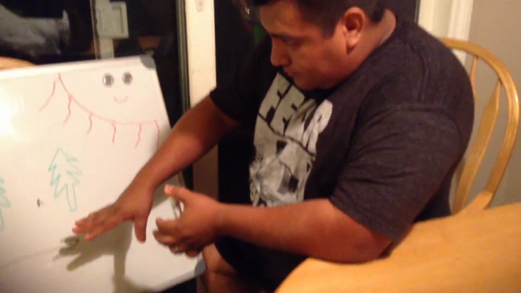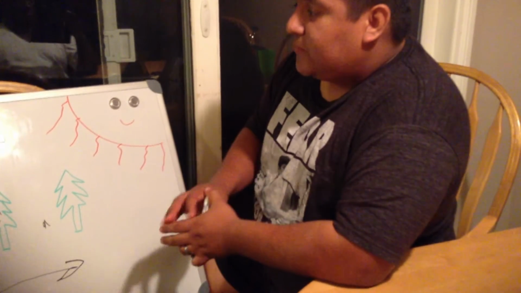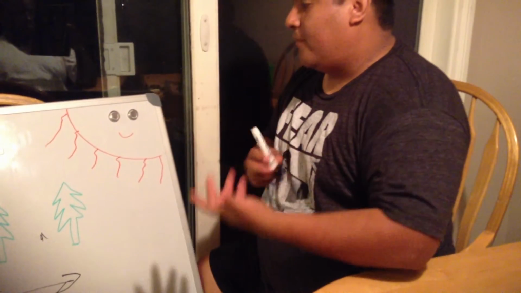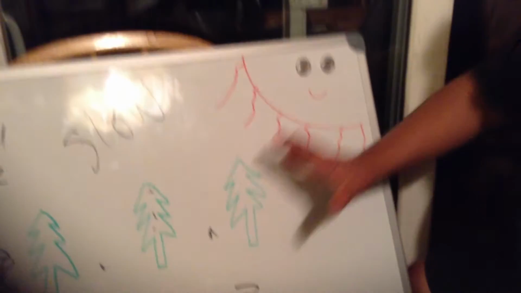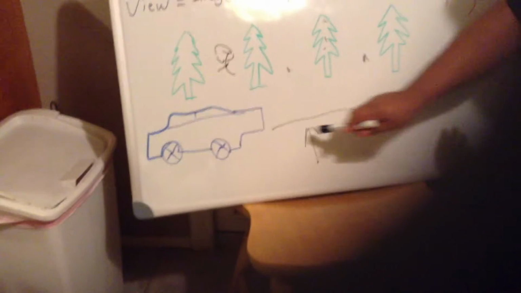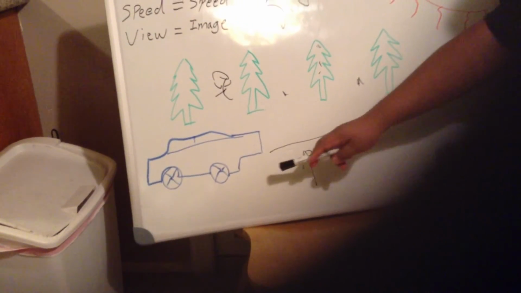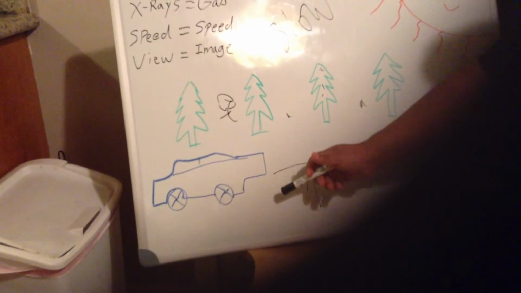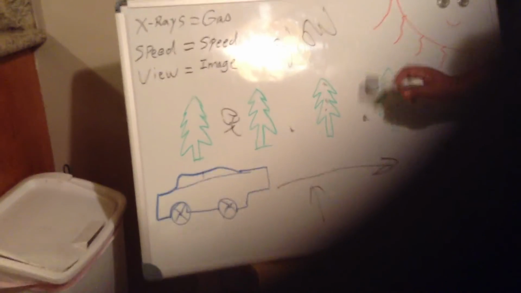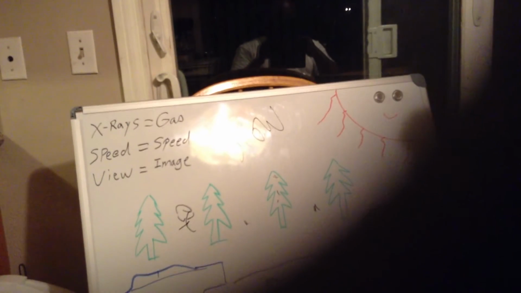Now the thing about this, and this is what we're always trying to avoid, is my cool little sun over here, the amount of exposure that the person gets. Let's go back to the high speed. You're going fast, using a lot less X-rays, but getting blurry scenery as you drive by.